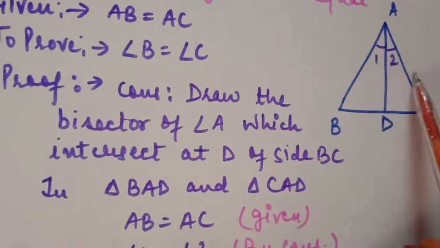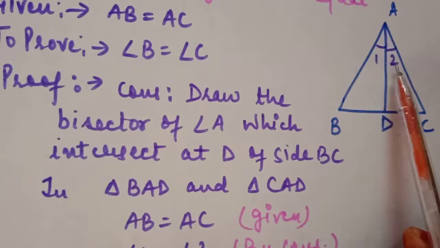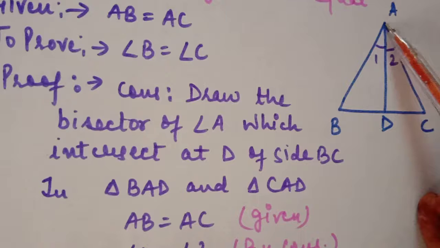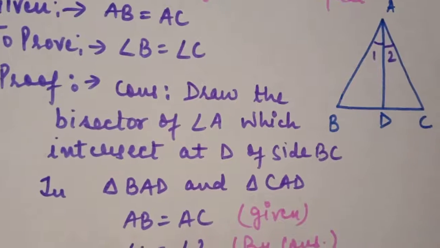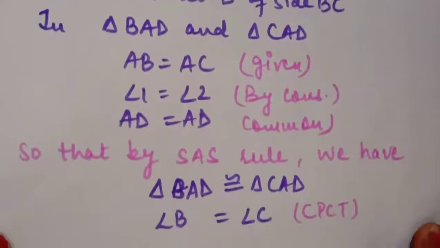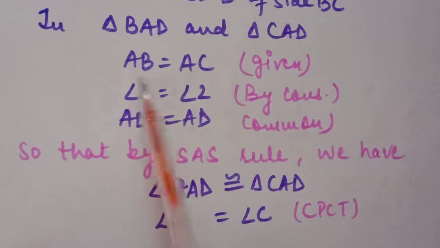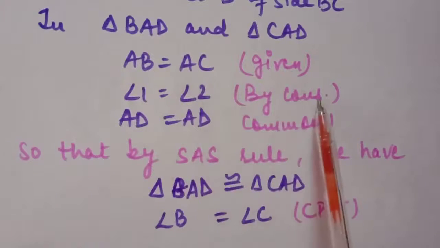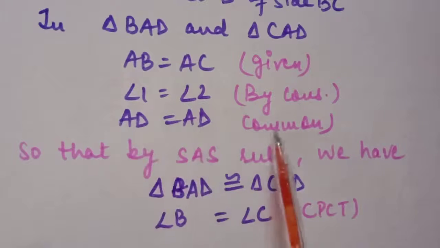First element, AB and AC are equal to each other. It is given. Second element, angle 1 and angle 2 are equal to each other by construction, and third element, AD common. So like this, AB and AC given, angle 1 is equal to angle 2 by construction, AD is equal to AD common.